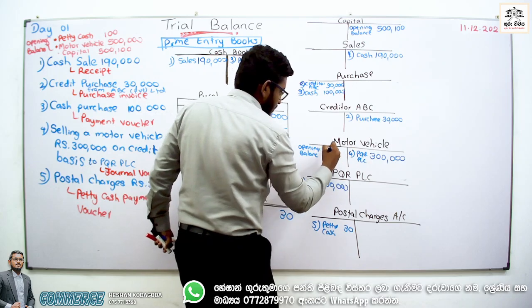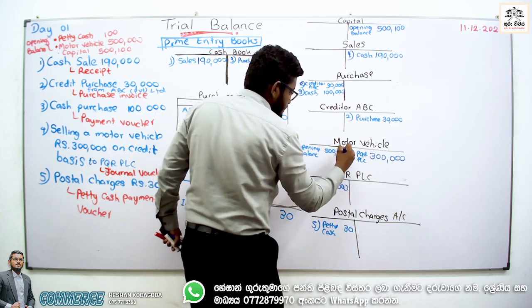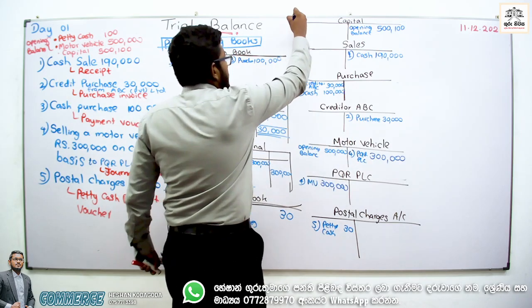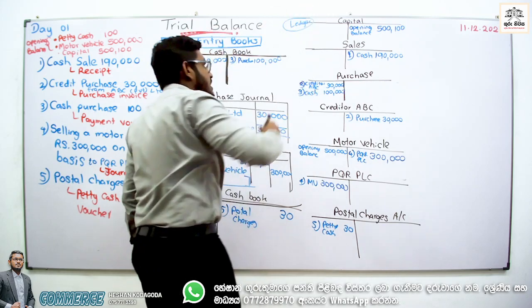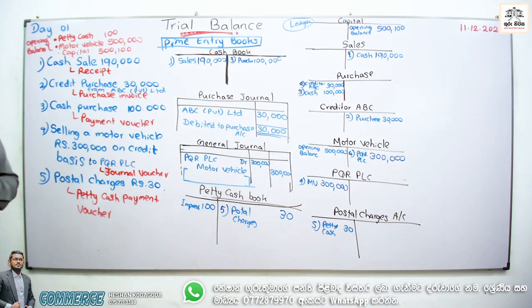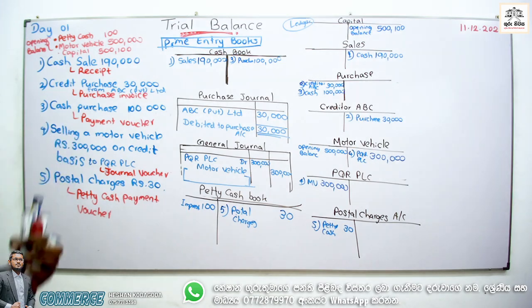Rupees 500,000. Now it's fine. These are the ledger accounts. Is it clear to you guys? Online, send me a thumbs up. These are the opening balances. Send me a thumbs up. Then put all of them in. Send me a thumbs up again. So now what I am going to do? I'm going to do like this.